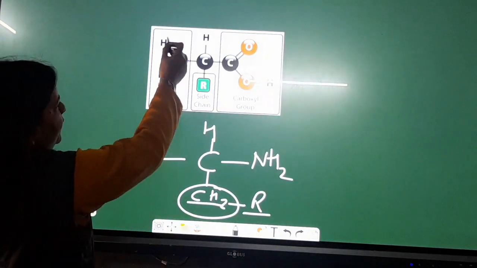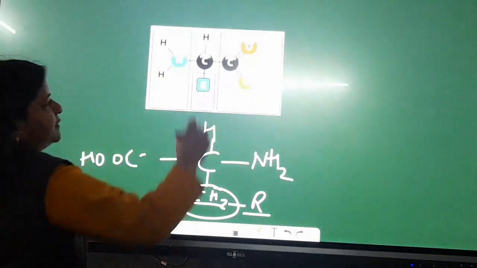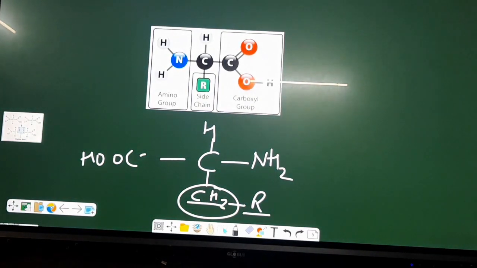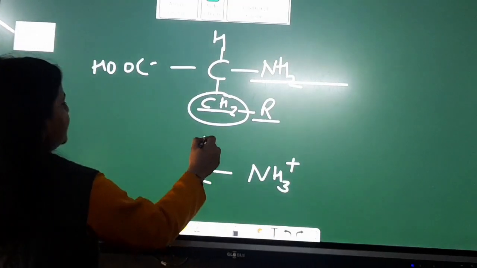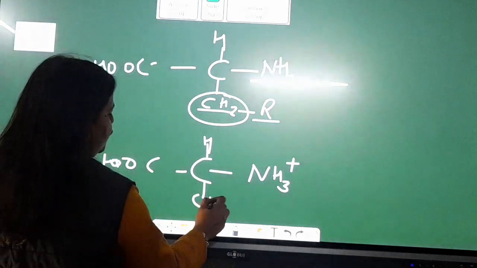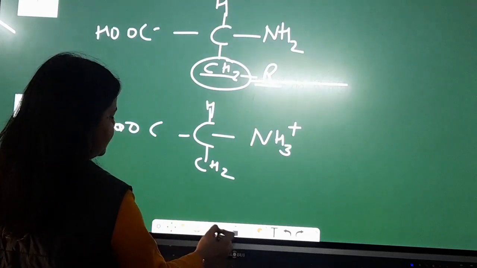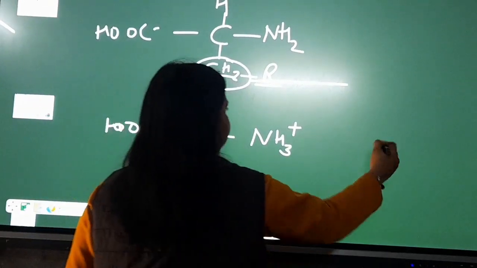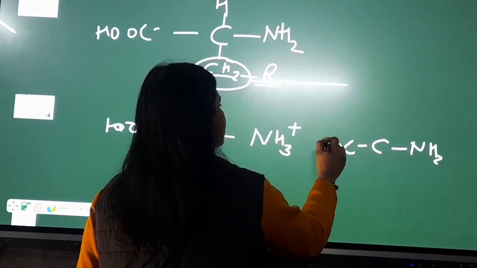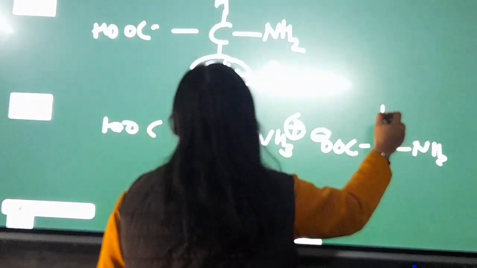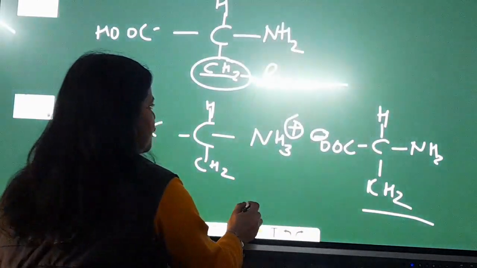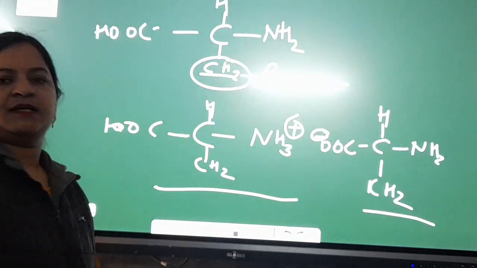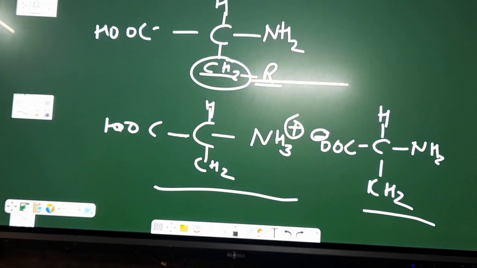This one is R, here there is an amino group, on one side a carboxylic group, one hydrogen, and another side the side chain. तो एक कार्बन से चारों तरफ अलग अलग मॉलिक्यूल जुड़े हुए हैं, इसलिए इस स्ट्रक्चर को हम ज्विटेरियन स्ट्रक्चर बोलेंगे। यहाँ अगर एक H+ हो जाए तो इसे हम पॉजिटिव चार्ज आयन कहेंगे, और अगर एक हाइड्रोजन कम हो जाए तो यहाँ नेगेटिव चार्ज आ जाता है। तो अमीनो एसिड पर पॉजिटिव और नेगेटिव दोनों चार्ज आ सकते हैं। इसे हम ज्विटेरियन स्ट्रक्चर कहते हैं because it can form anion and cation both.